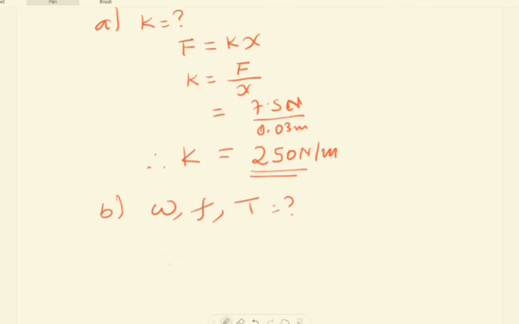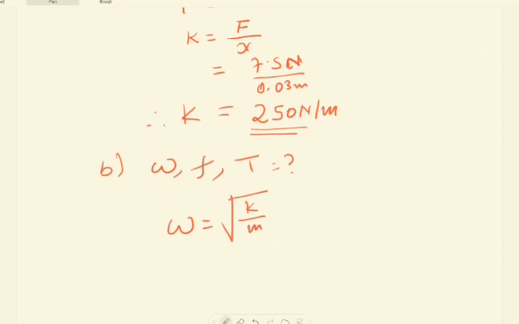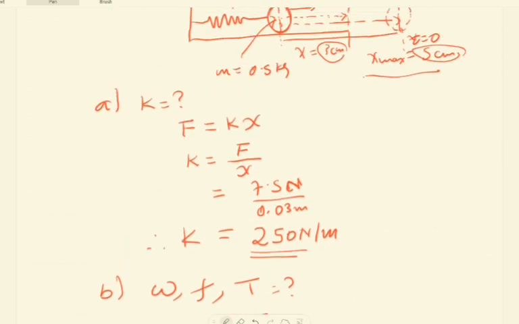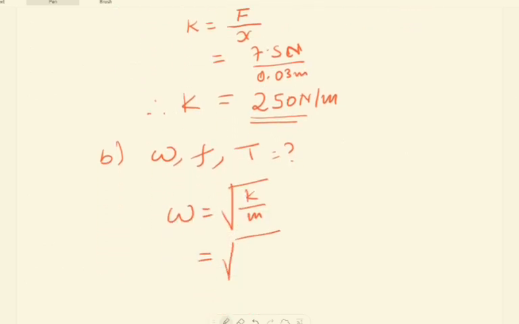In the first thing, from previous discussion, we said that the angular frequency is simply the square root of the spring constant divided by the mass. So here the angular frequency would be found by putting in all this information. We are given that the mass is 0.5 kilogram, and we have calculated Hooke's constant 250 Newton per meter, divided by 0.5 kilogram.